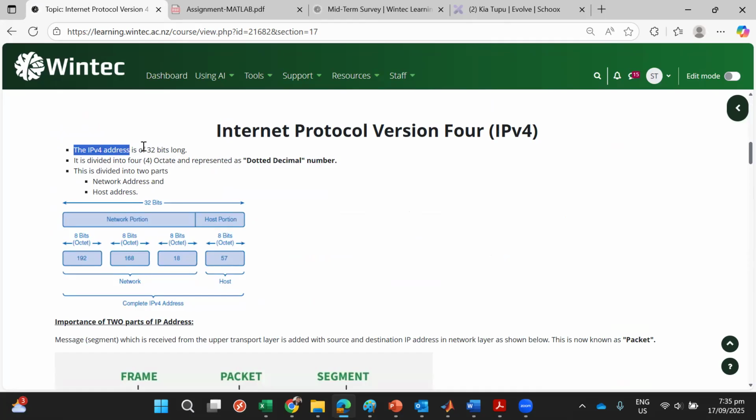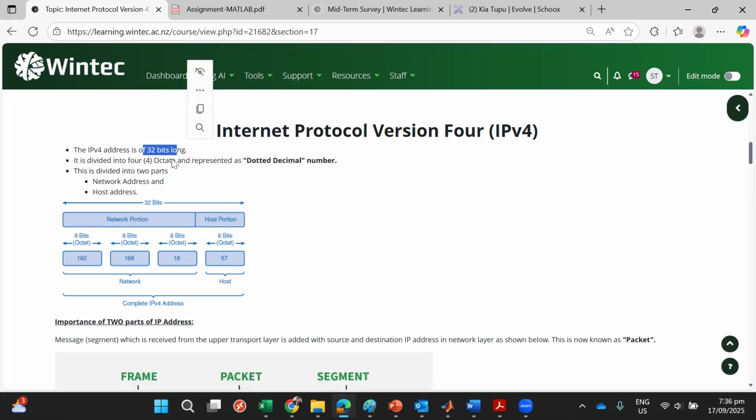It's 32 bits long, and we divided these 32 bits into 4 octets, so 8 bits in each section. That means 1 byte in one octet. So there will be 4 8-bit binary numbers.